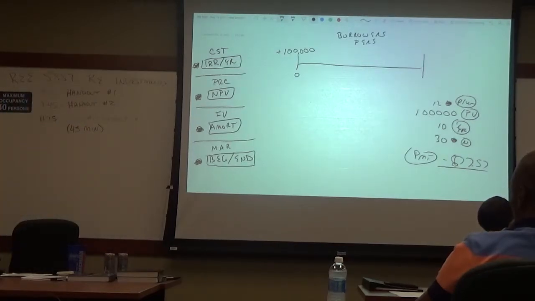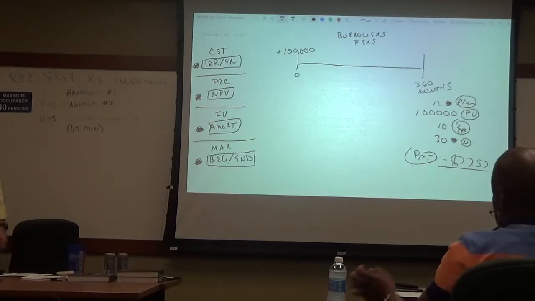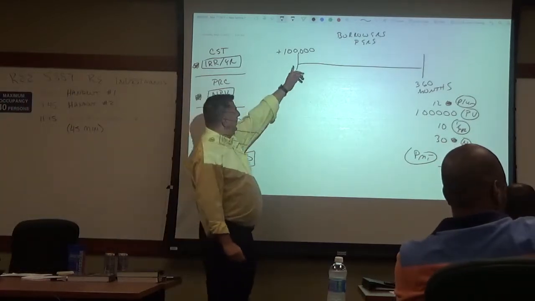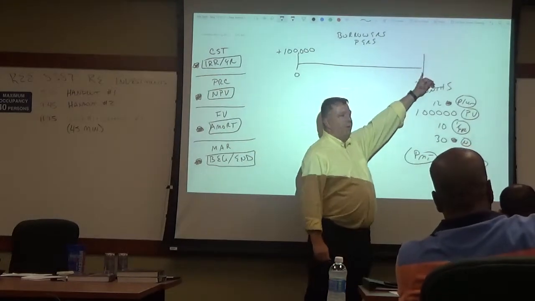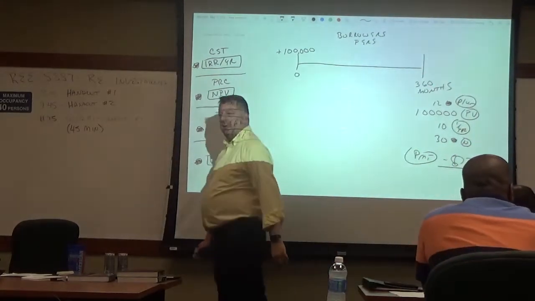You are going to pay this back over 30 years or 360 months. So from here to here is 30 years or 360 months.